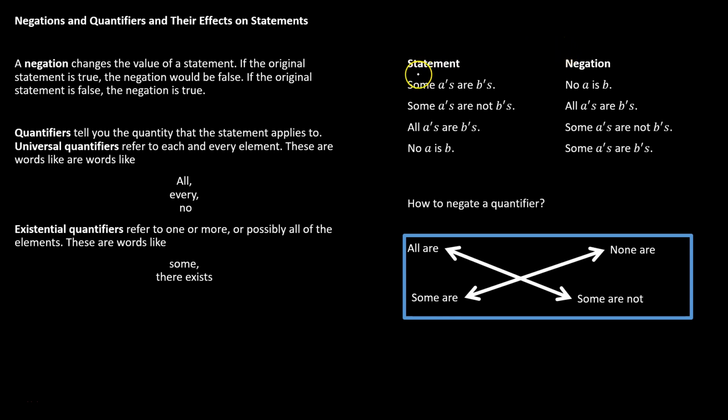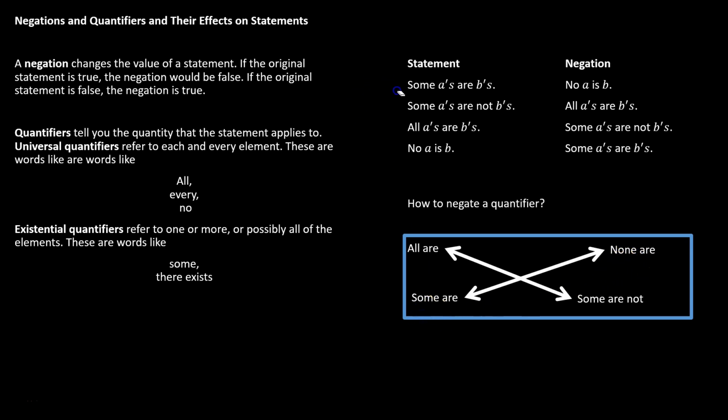So if I say something like, some A's are B's, whatever A's and B's are, and I want to negate that, I need to take the quantifier some and turn it into none or no. And I can use this little diagram at the bottom of the screen to help me with that. So if I'm saying something like some are, I would follow the arrow to the opposite. So negation means go to the opposite, and that would tell us to do none are.